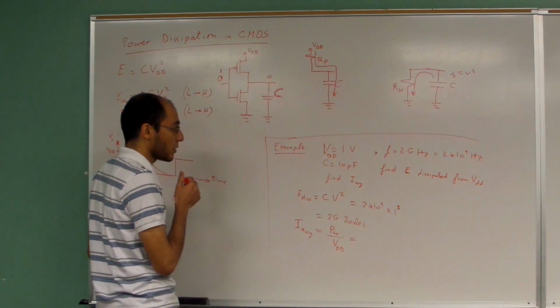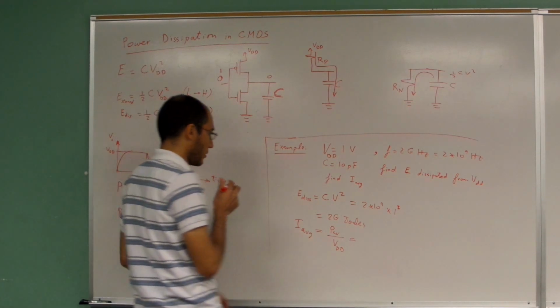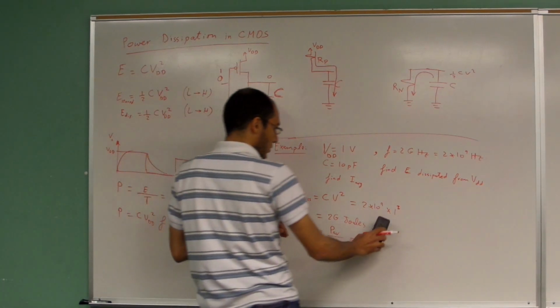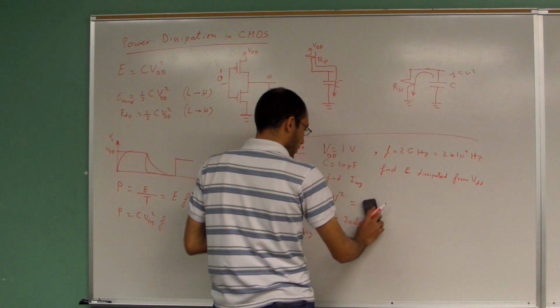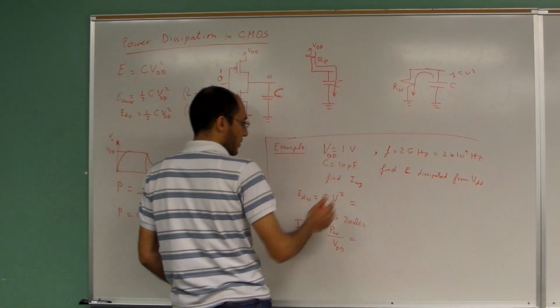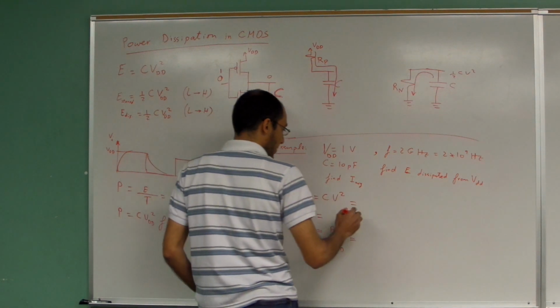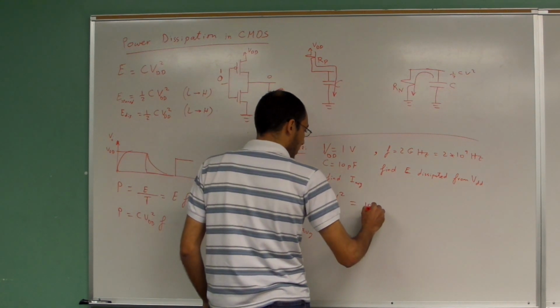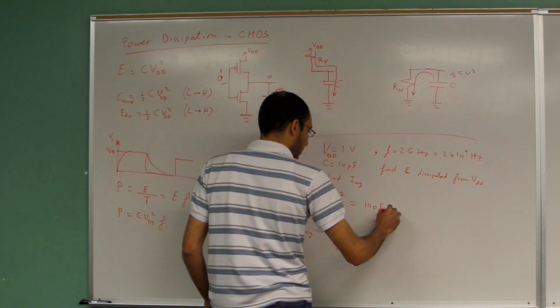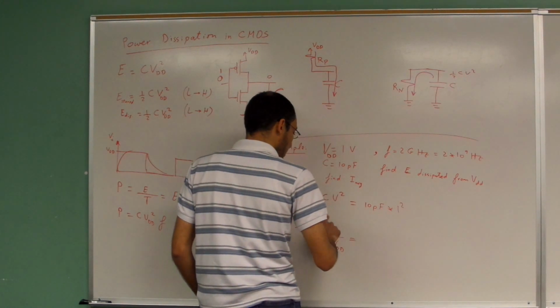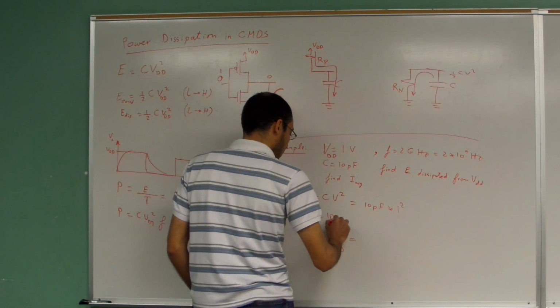P average equals, oops, I made a mistake. I multiplied the frequency, not the capacitance. So this is 10 picofarad multiplied by 1 squared, which is equal to 10 picojoules.